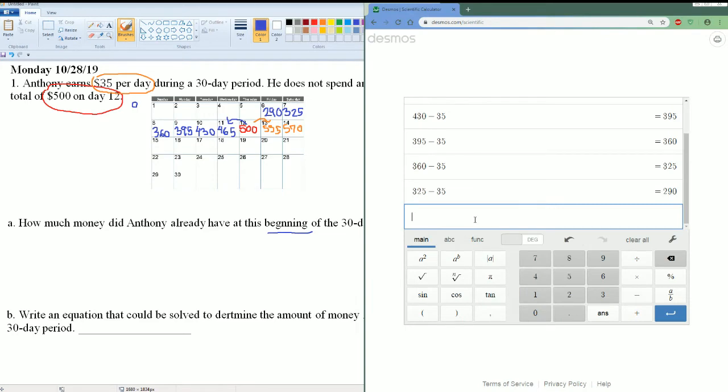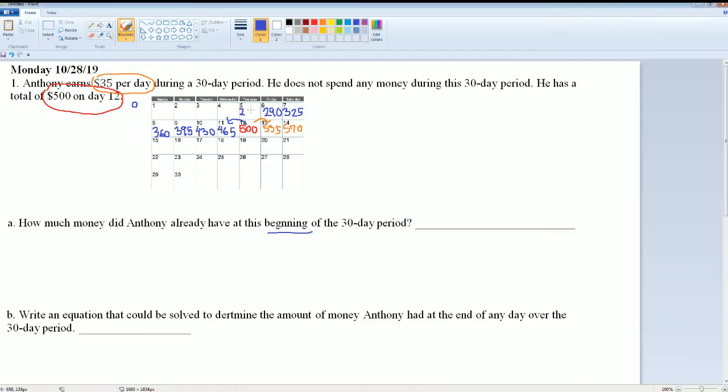Keep going. 290 subtract 35, 255 on the 5th day. We got to keep going.